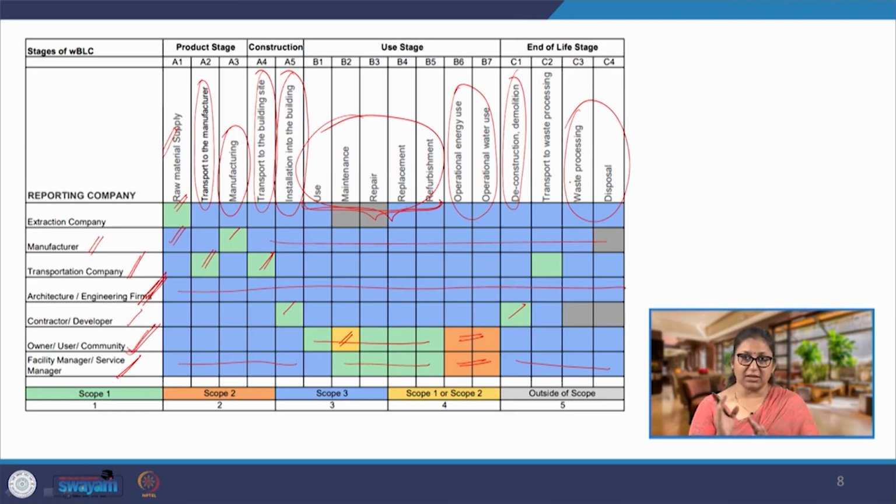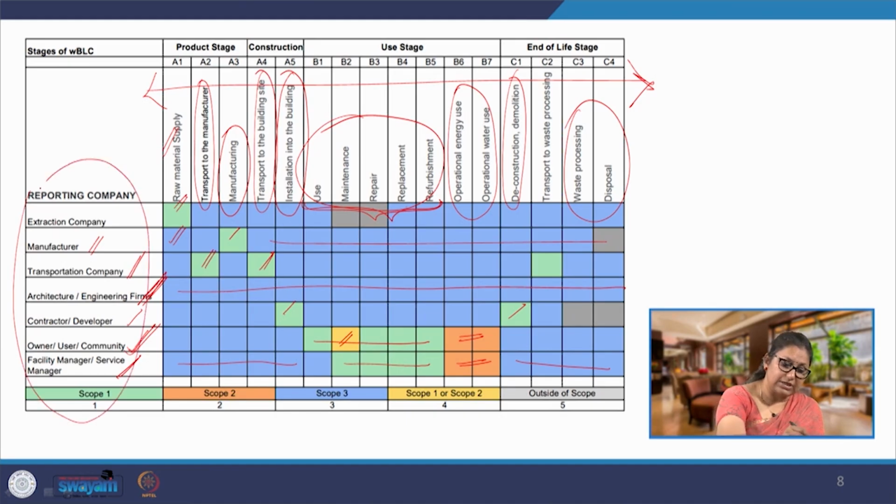But one thing that you have to understand here, for any product life cycle, is that all the activities that are part of the product life cycle, and all the stakeholders who become part of this entire life cycle of the product, each activity is going to become scope 1 for somebody or the other.